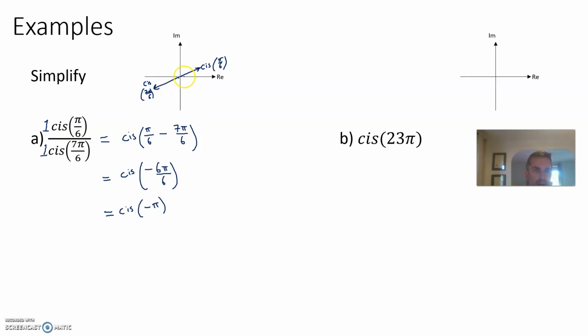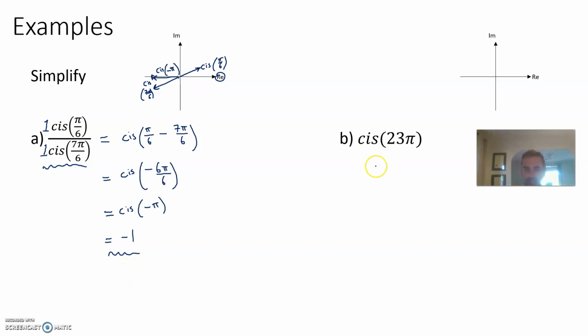And then once we combine the two of them, we end up at the cis of negative pi. And if we think about what that means, we're right on the real axis here. So if the modulus of that number is 1, then what we're actually at is the number negative 1. So we can simplify what we started with, which is quite complicated, just down to the number negative 1.